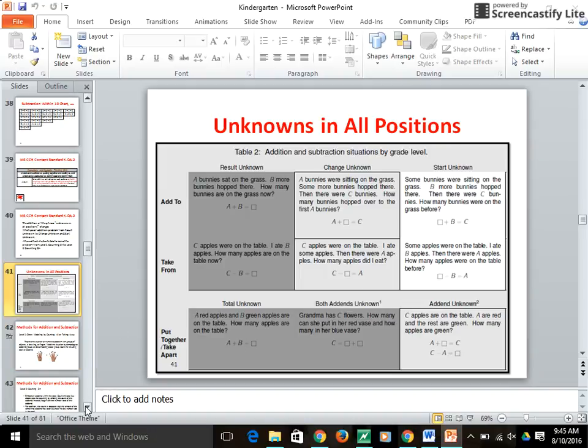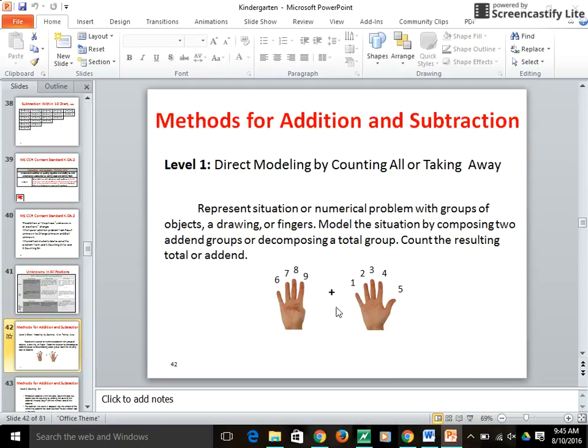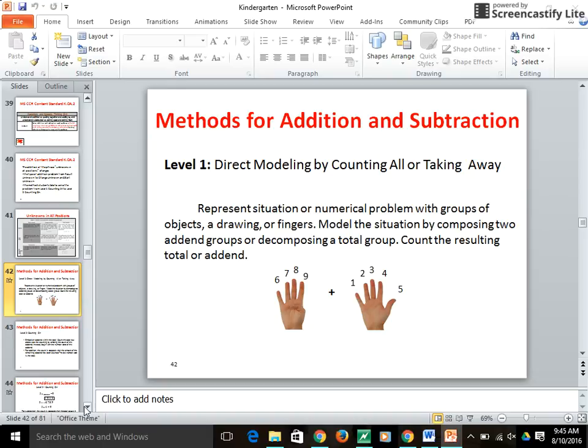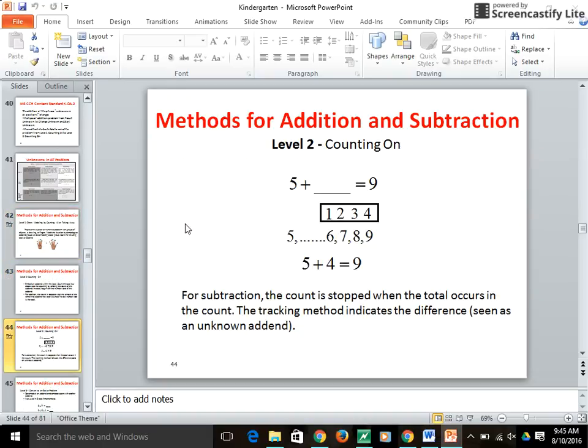So what this is doing is taking kids from just being able to count and having that one-to-one, more simple thinking, to being able to count on, that level 2 counting, so that if you have this unknown right here, they're having to count up or count on. So if they counted 5, 6, 7, 8, 9, they actually write a 4 in the blank, which is kind of mind-blowing, I'm sure you know, for a kindergartner, but it takes you to a higher level of thinking.